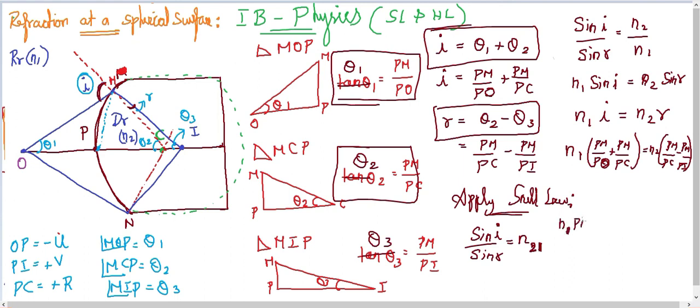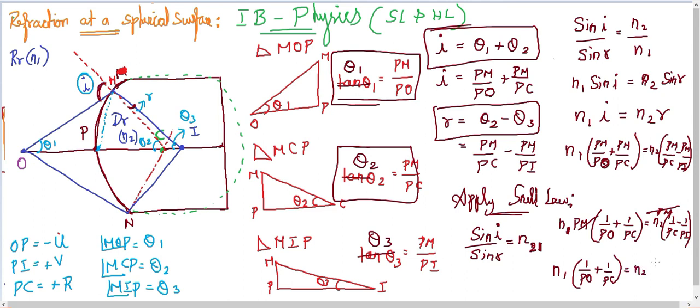I am taking Pm as a common term. So 1 divided by Po plus 1 divided by Pc is equal to n2 into 1 divided by Pc minus 1 divided by Pi. Okay. Here also I am taking Pm as common, so Pm gets cancelled. So n1 into 1 divided by Po plus 1 divided by Pc is equal to n2 into 1 divided by Pc minus 1 divided by Pi.